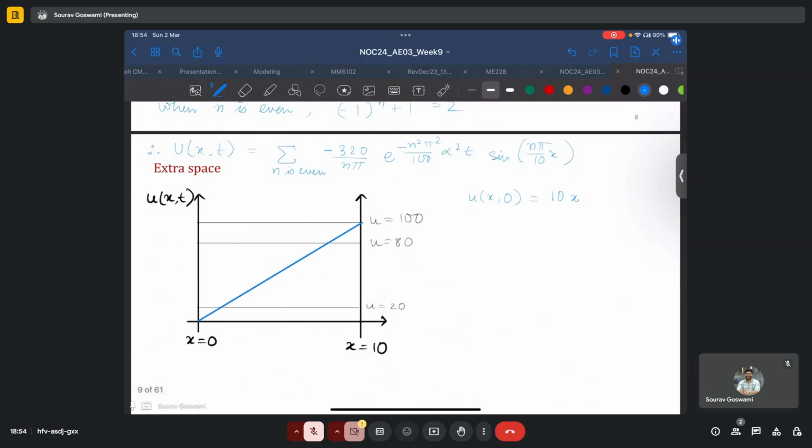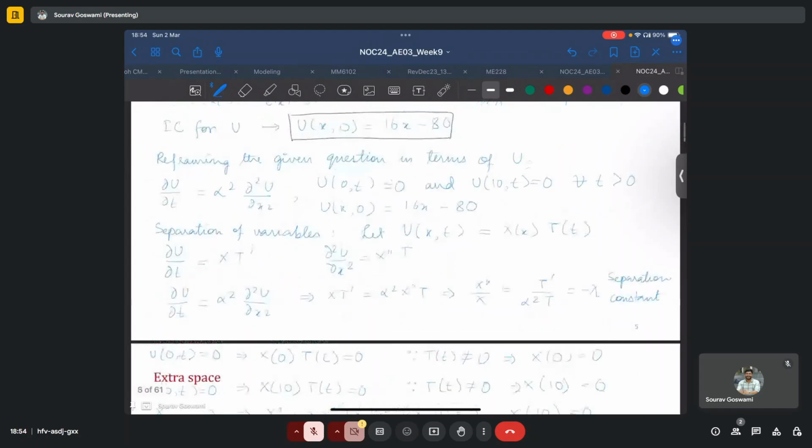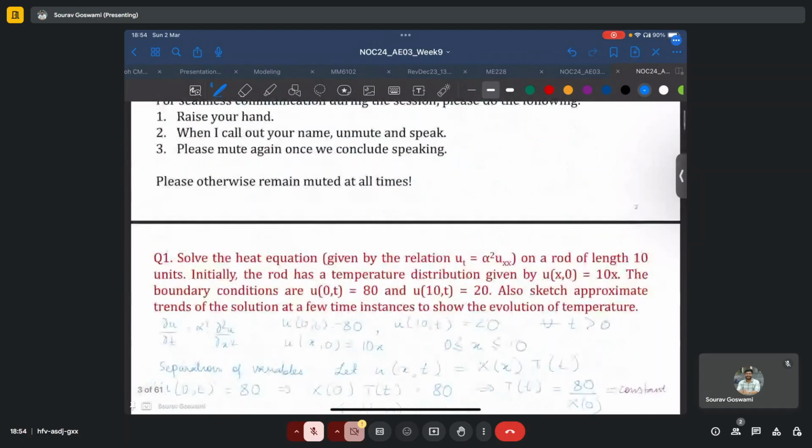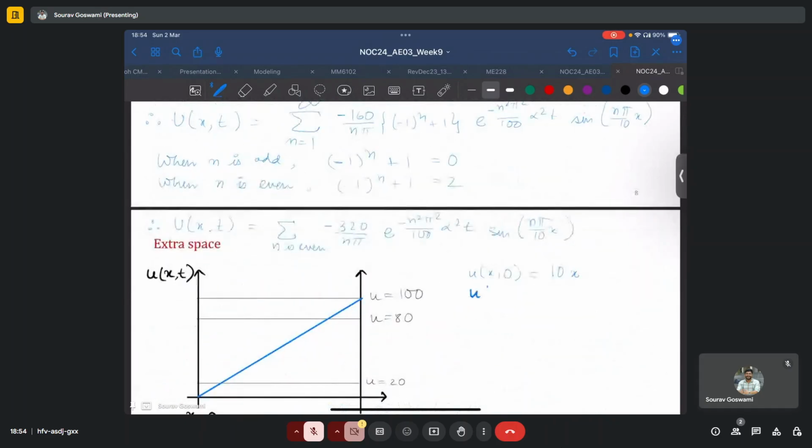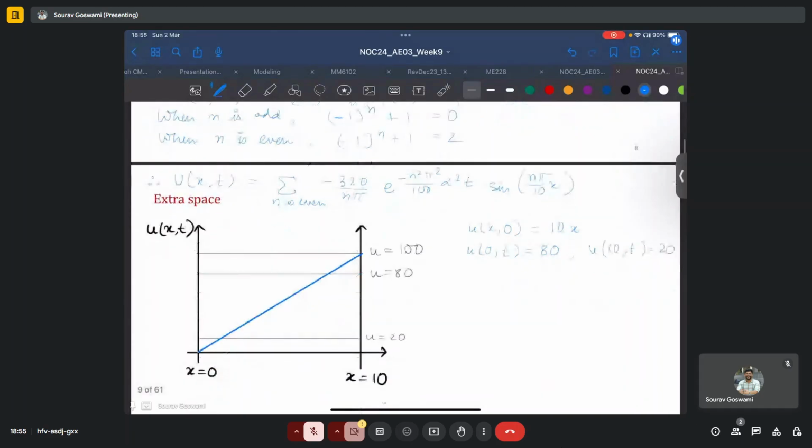And given the boundary conditions, u at 0 comma t is 80 and u at 10 comma t is 20. This means that we are holding the left hand at 80 and the right hand at 20 units.